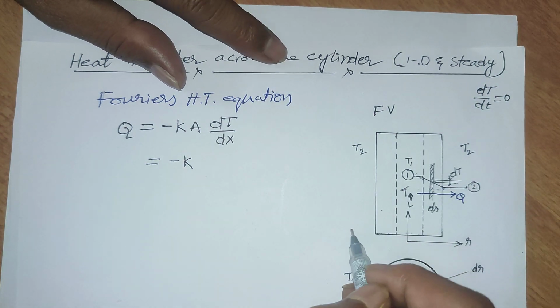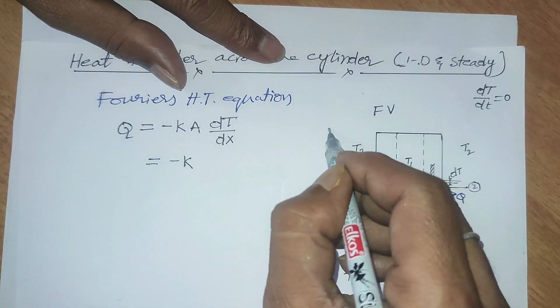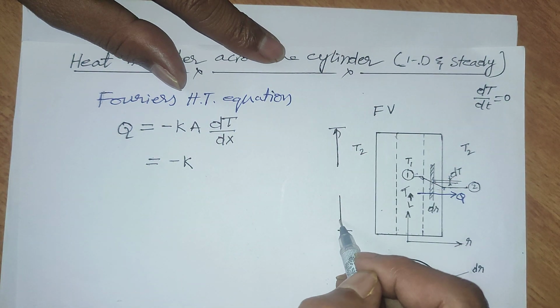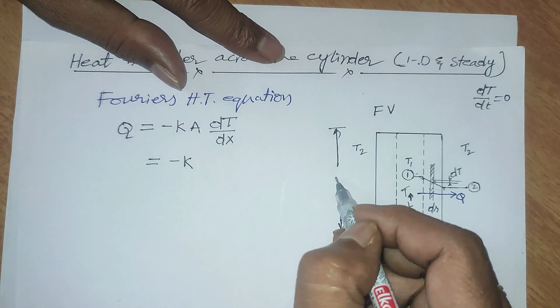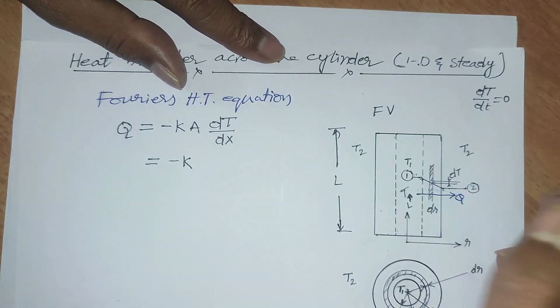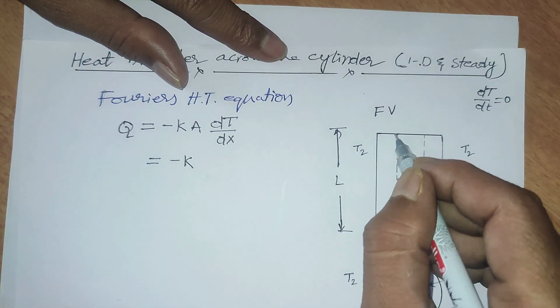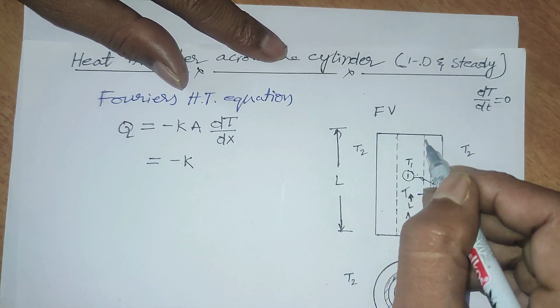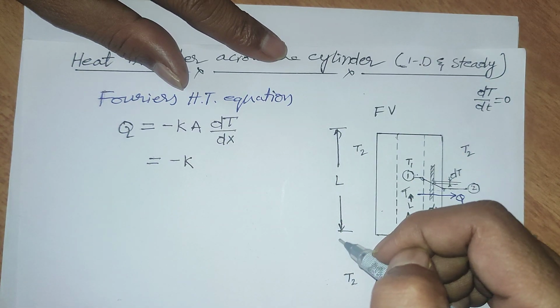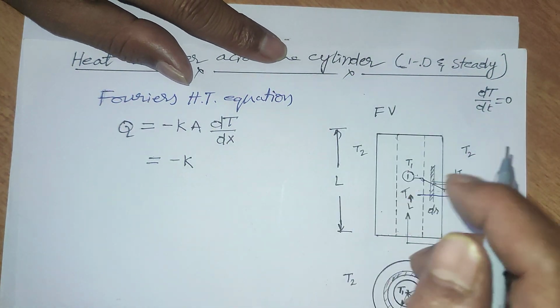Say this has a length of L, or height of cylinder H. Then this is the peripheral area, peripheral length into length of the cylinder gives the total area of heat transfer.